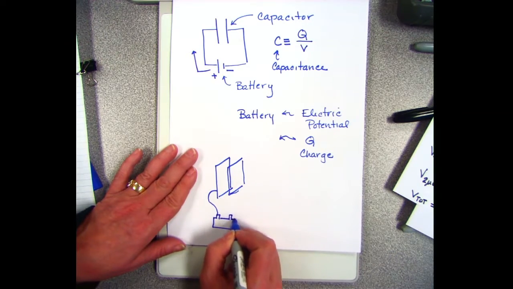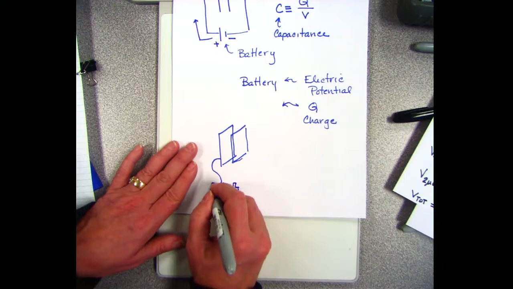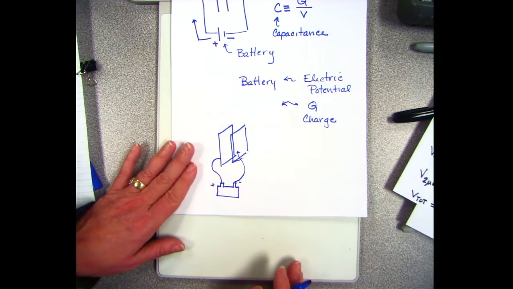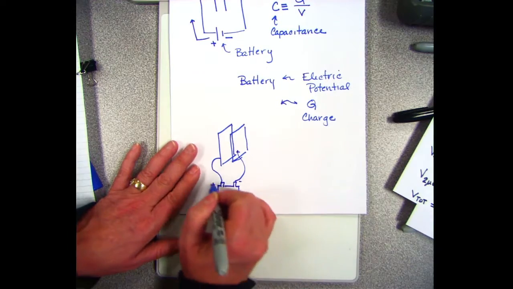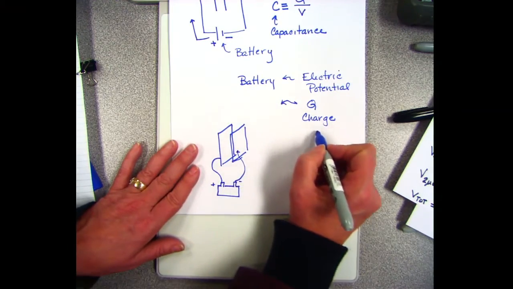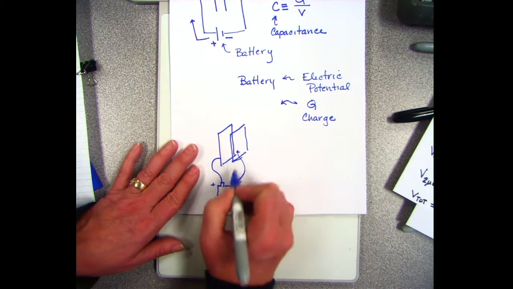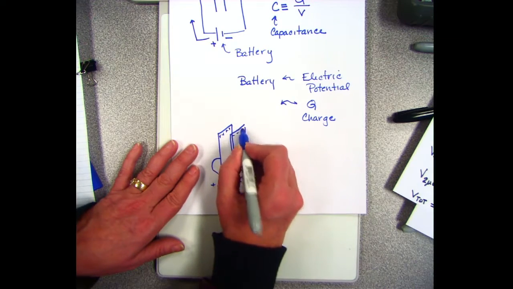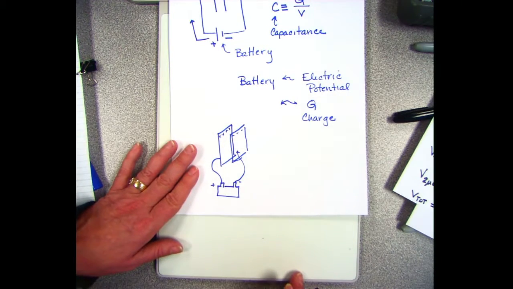We can also look at the battery as a charge pump. With the battery connected here, this plate is going to become positively charged, and this plate is going to become negatively charged, and it's going to store charge. It's going to take a little time to store charge because the charge has got to get from the battery to the plates, but eventually the charge on the battery is going to get there.